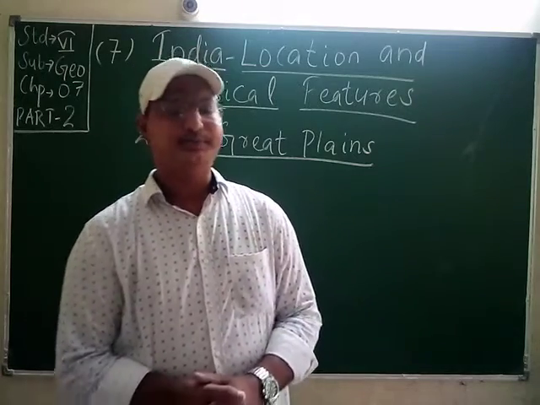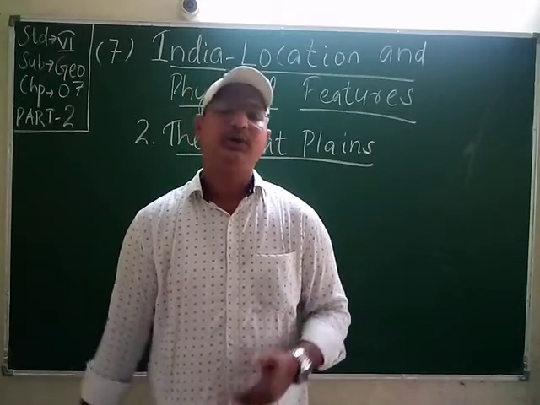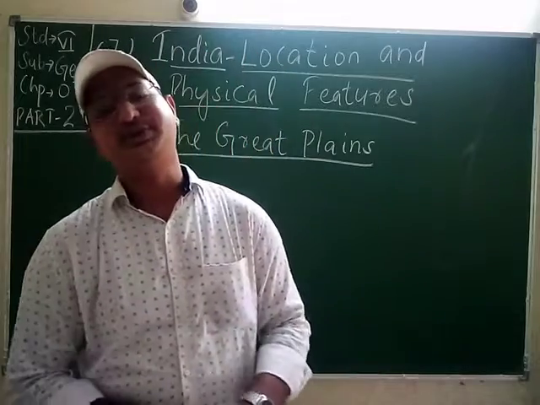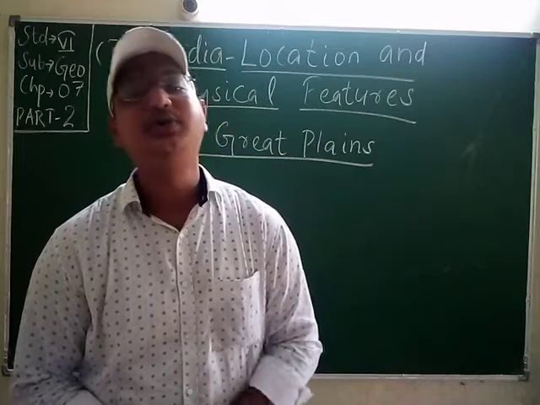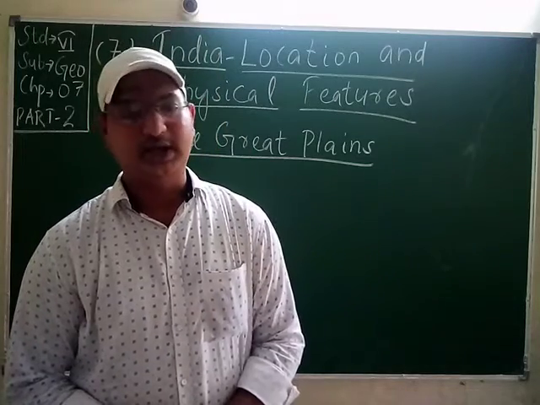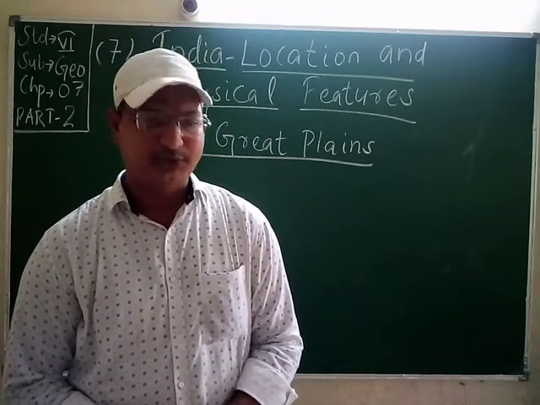They are formed by the Indus, Ganga and Brahmaputra river systems. These plain areas are very fertile due to the presence of perennial rivers like the Indus, Ganga and Brahmaputra.